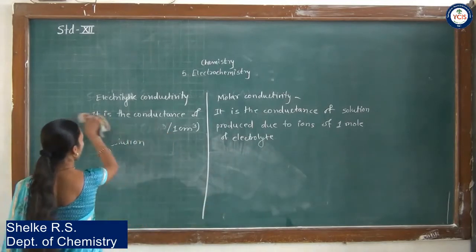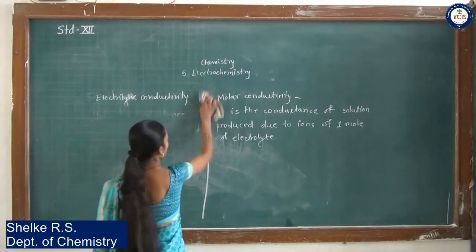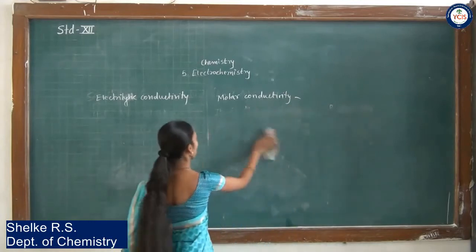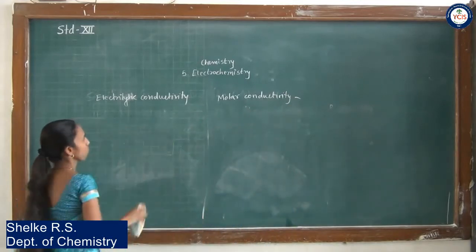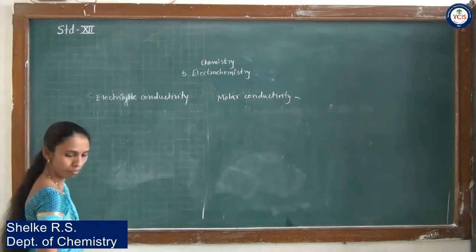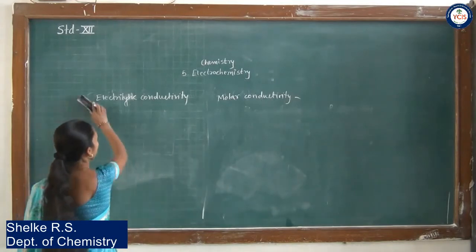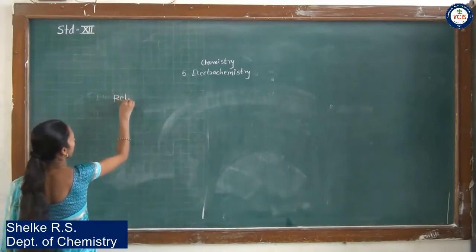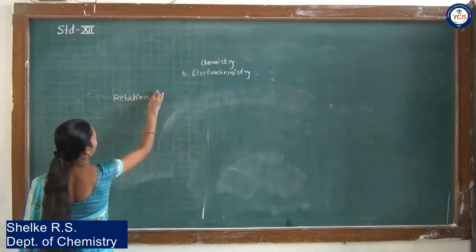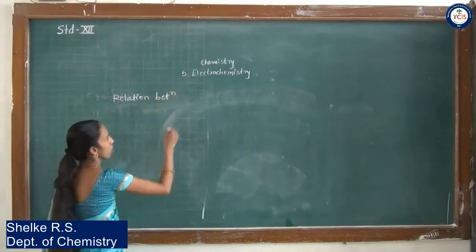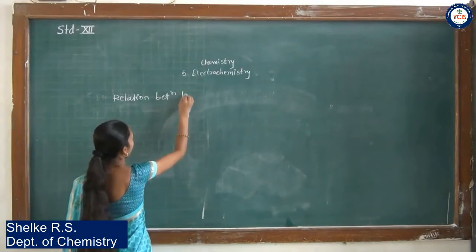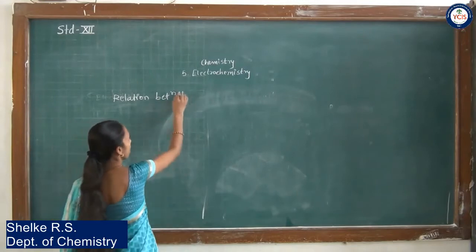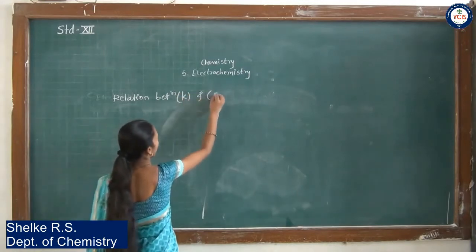So now we have to study the relation between electrolytic conductivity and the molar conductivity. So the next point is the relation between electrolytic conductivity K and molar conductivity lambda.